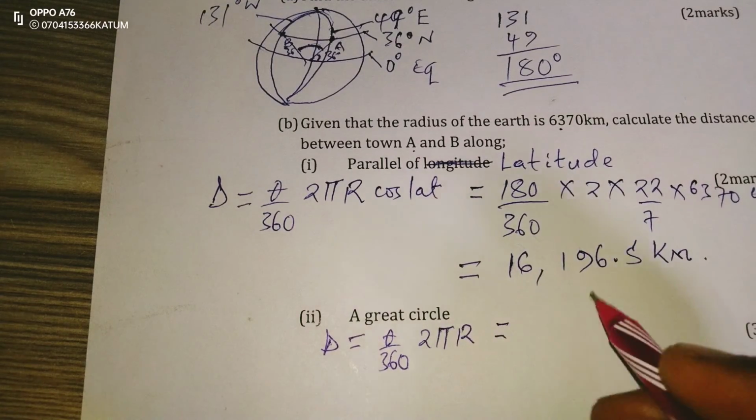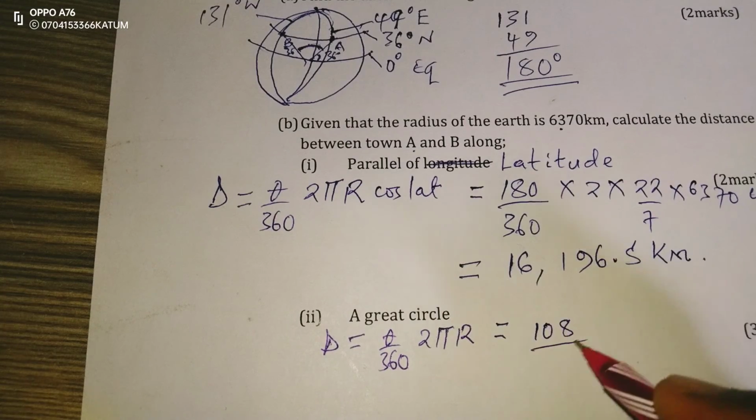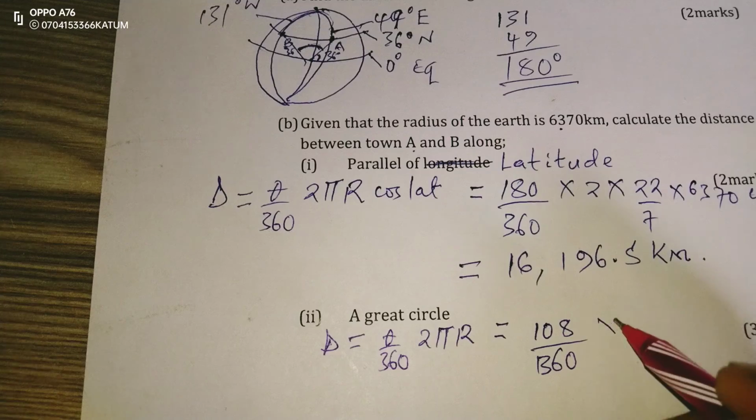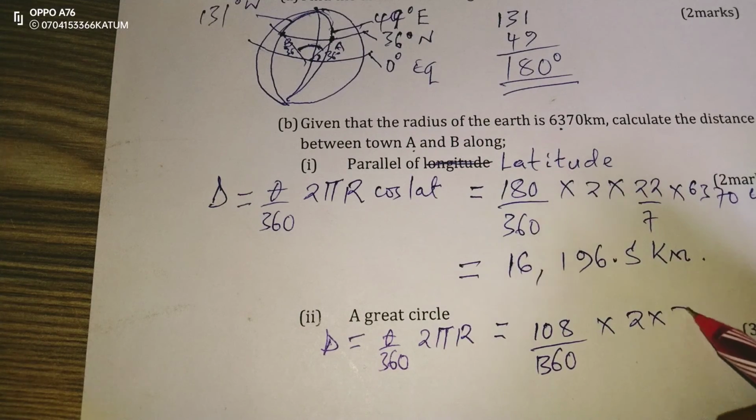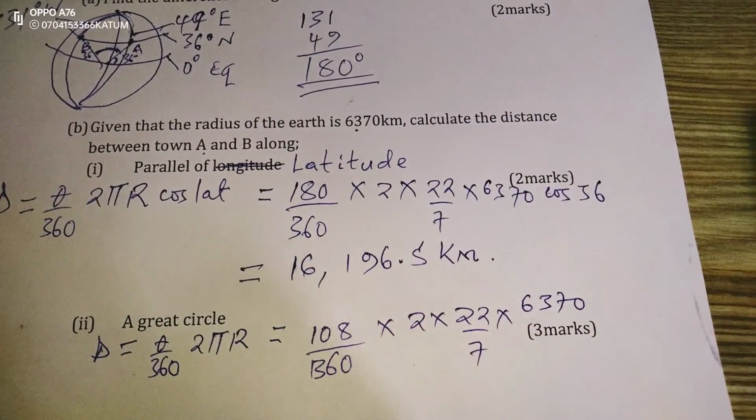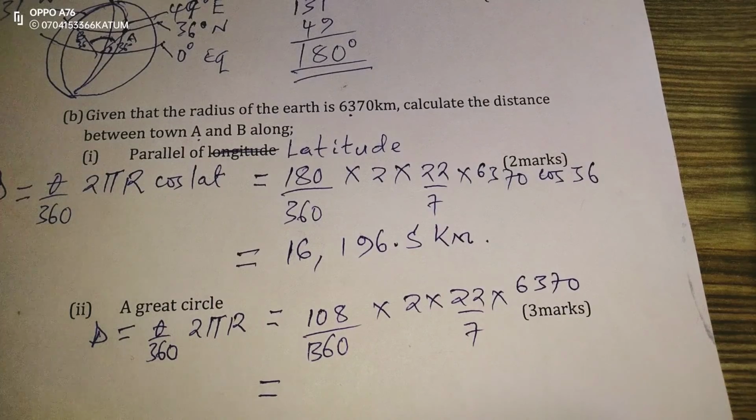So we will have theta of 108 out of 360 multiplied by 2 multiplied by pi multiplied by the radius of the Earth, which is 6370 kilometers. When we compute this, we shall have 108 multiplied by 2 multiplied by 22 multiplied by 6370.